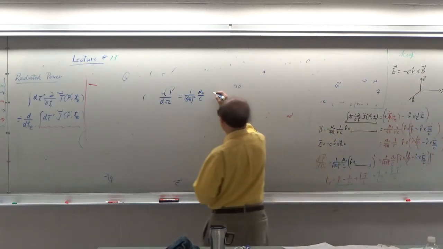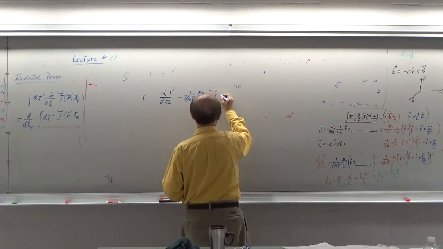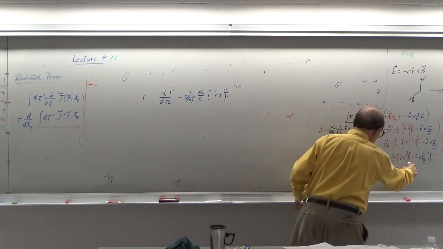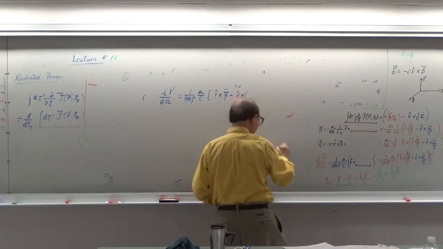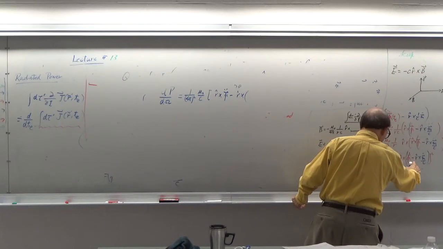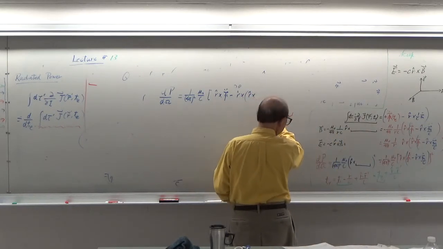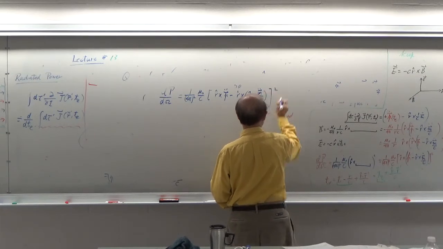Let me copy that down. So that I have r hat cross p double dot, minus r hat cross, r hat cross m over c, the whole double dot, whole thing squared.